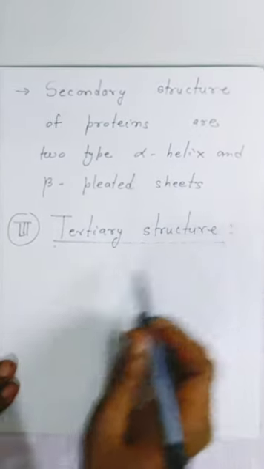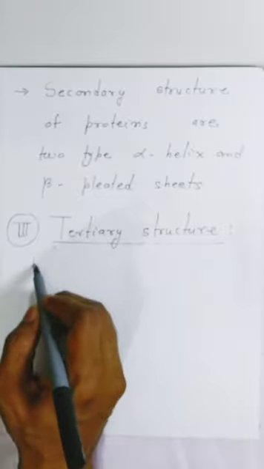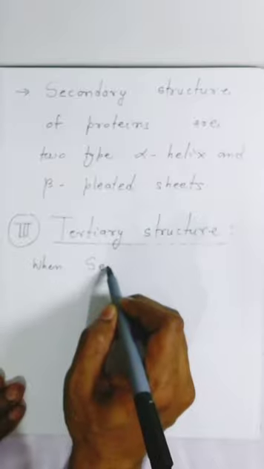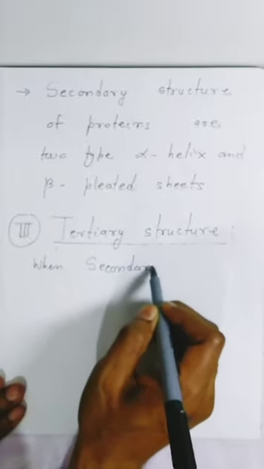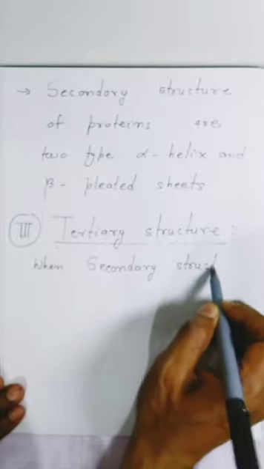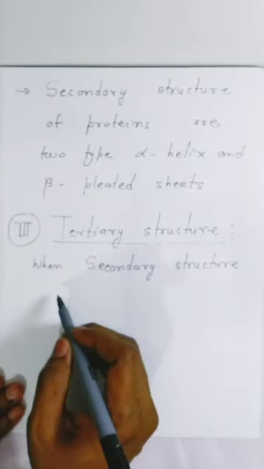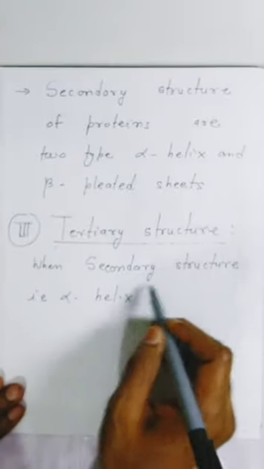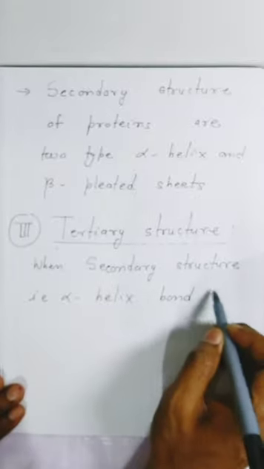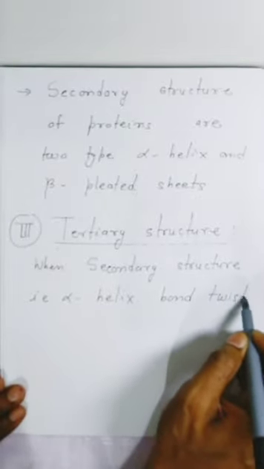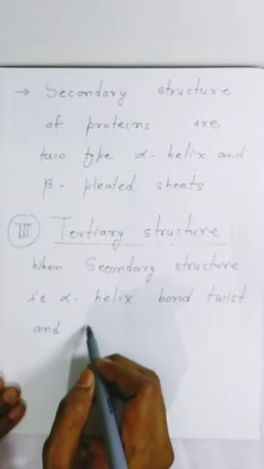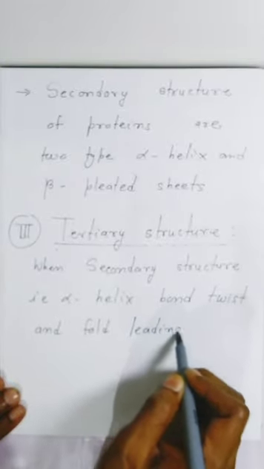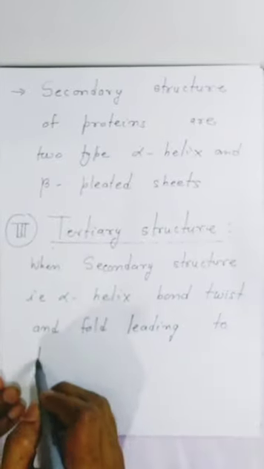Tertiary structure of proteins: the secondary structure, that is alpha helix, bond, twist and fold, leading to three dimensions.